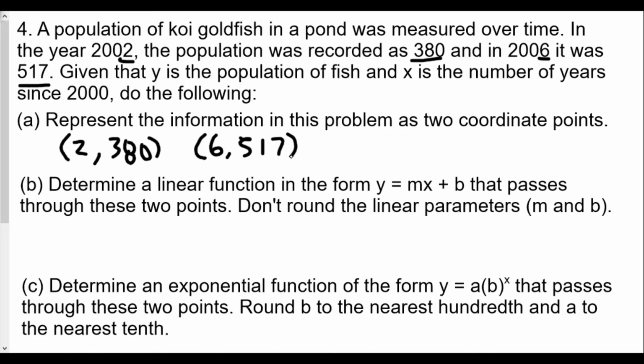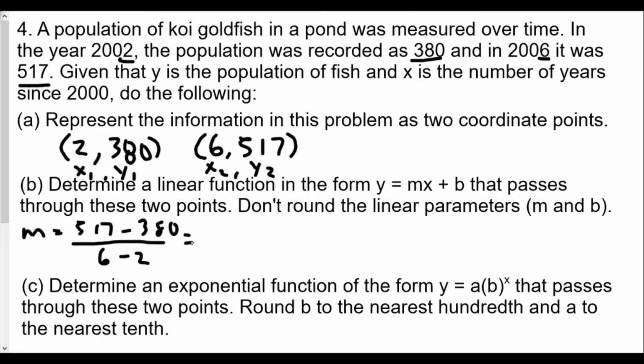Part B says determine a linear function in the form y equals mx plus b that passes through 2 points. Well, we'll definitely find the slope, and so the slope here will make this x1, y1, and x2, y2. And so our slope is going to be y2 minus y1, or 517 minus 380, over x2 minus x1, which is 6 minus 2.